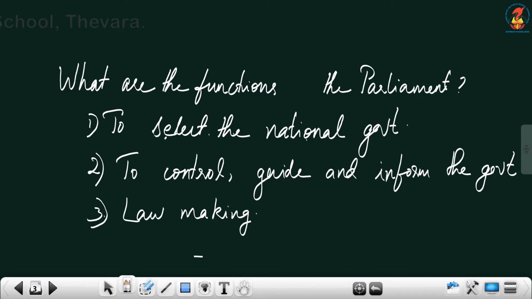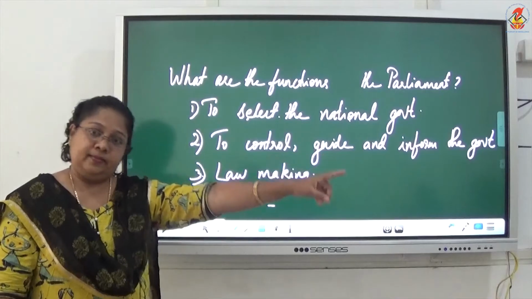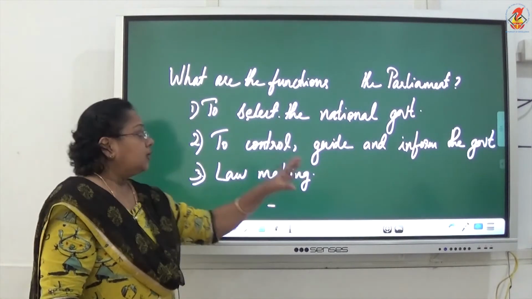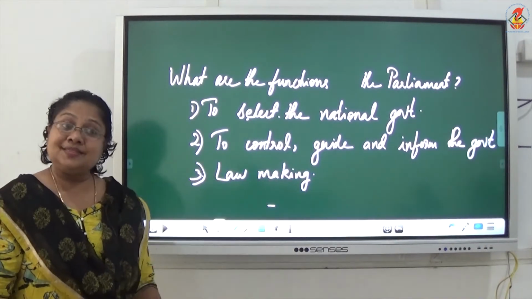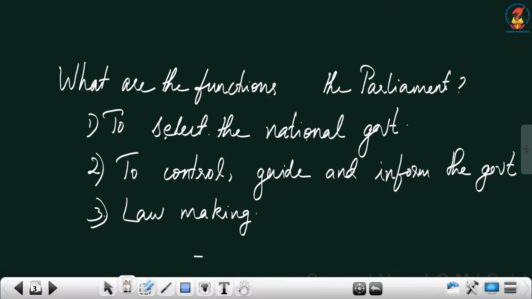Once the parliament is elected, it has to perform certain functions. So, the next aspect we are going to see is the functions of parliament. The first and foremost function of the parliament is to select the national government. The second function is to control, guide and inform the government.